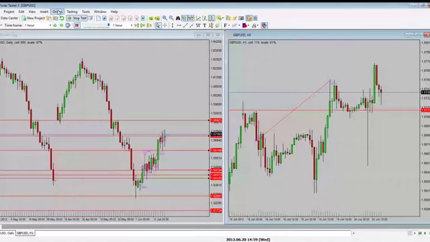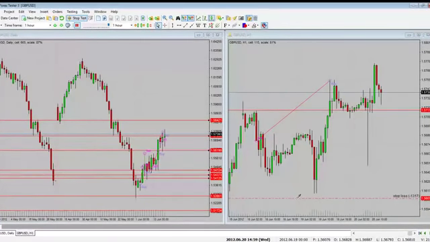Let's see if we can take a long here. 158.42. Okay, so let's give it a whirl.